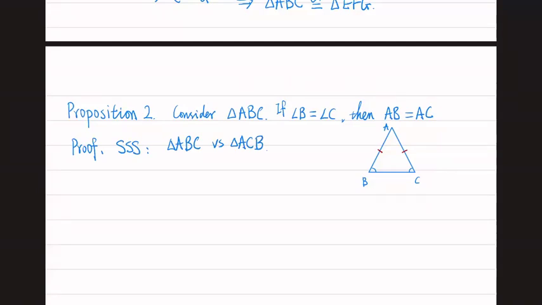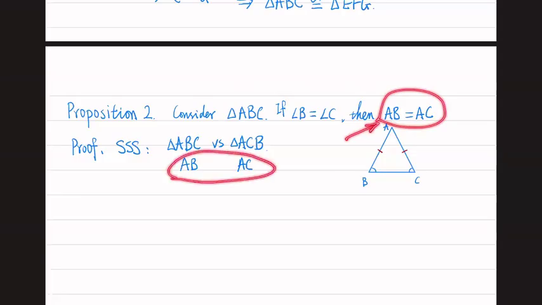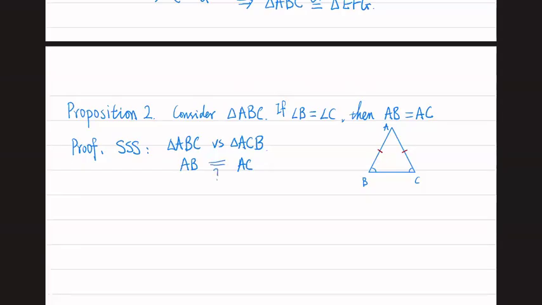Okay, let's check the 3 pairs of edges. AB first, second, AC. Well, are they the same? This is what we wanted to check, right, Amy? We cannot use it yet.